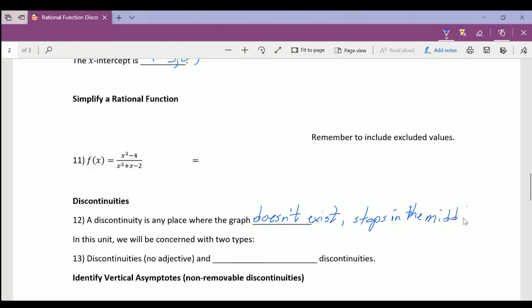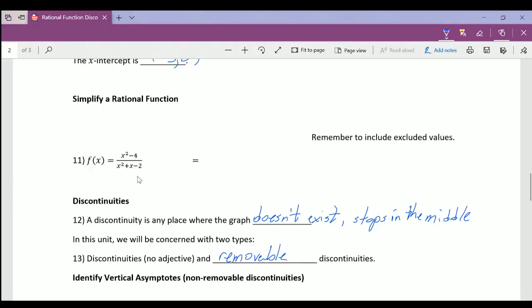Alrighty. And we're concerned with two types: discontinuity with no extra adjective added, and then what is called a removable discontinuity.